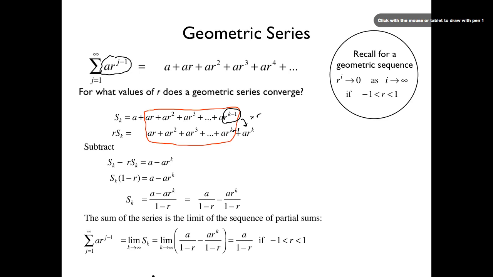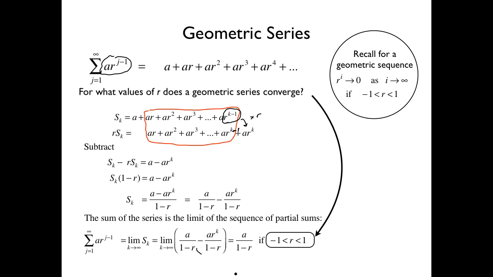That limit is the first term, a over 1 minus r, if r is between -1 and 1, because that makes this sequence here converge to 0. So not only did we find out when the geometric series converged, but we find out what it converges to. We can actually calculate the sum very easily. It converges when r is between -1 and 1, and then the sum is a over 1 minus r.